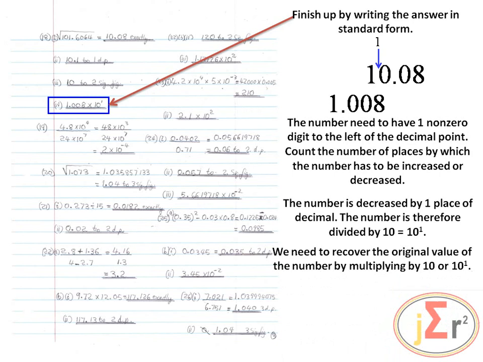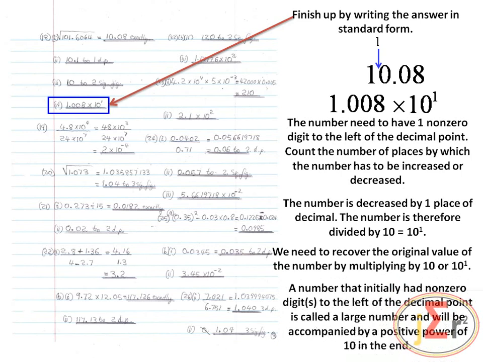We need to recover the original value of the number by multiplying by 10, or 10 to the power of 1. A number that initially had non-zero digits to the left of the decimal point is called a large number and will be accompanied by a positive power of 10 in the end.